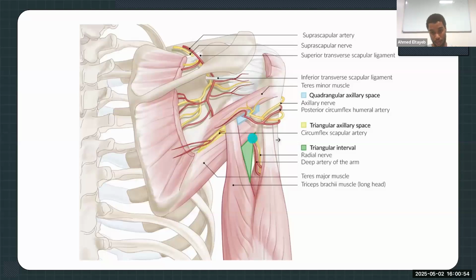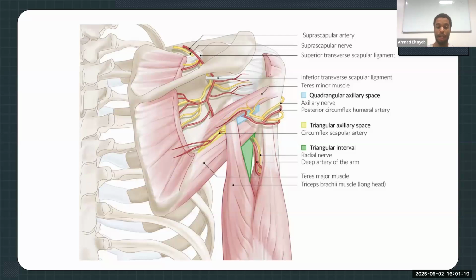The other spaces, we have the triangular space. The roof of the triangular space is formed by the teres minor posteriorly, and anteriorly, we have the subscapularis. The floor of the triangular space is the teres major.